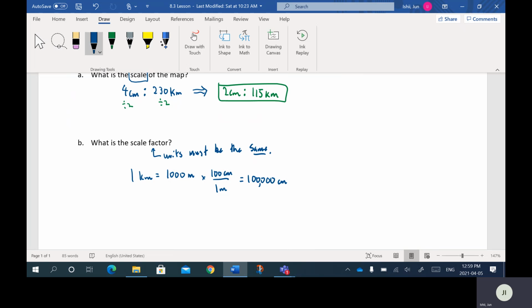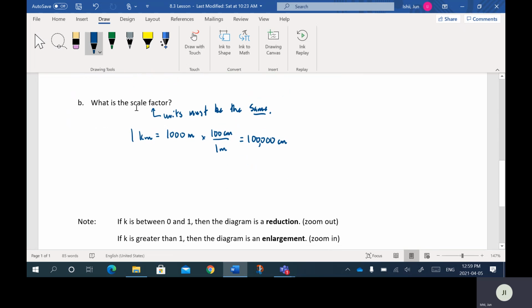Now I need to convert the 230 kilometers, this measurement that was in kilometers, into centimeters. So 230 kilometers, I'm going to multiply by 100,000, since there are 100,000 centimeters in 1 kilometer.